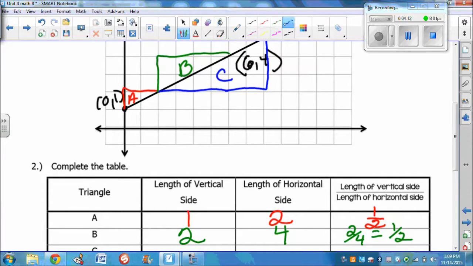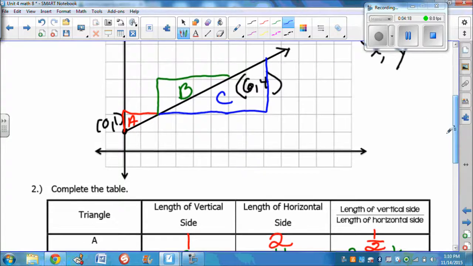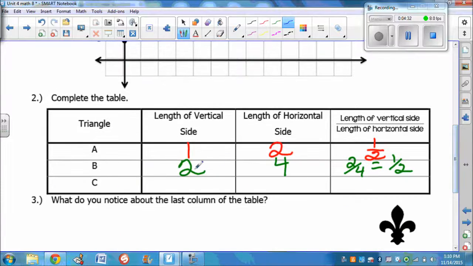The length of the vertical side is 1, 2, 3. And the length of our horizontal side is 1, 2, 3, 4, 5, 6. So vertical is 3, horizontal is 6. Vertical over horizontal, again, we could simplify that to 1/2.